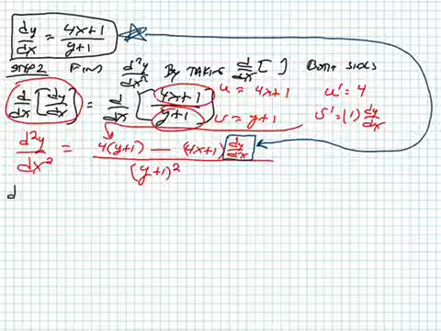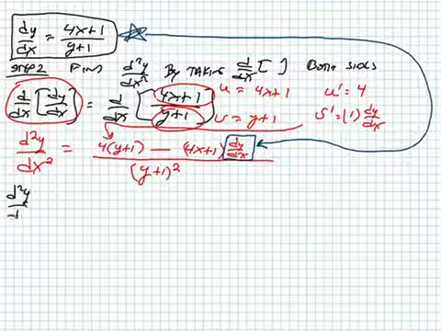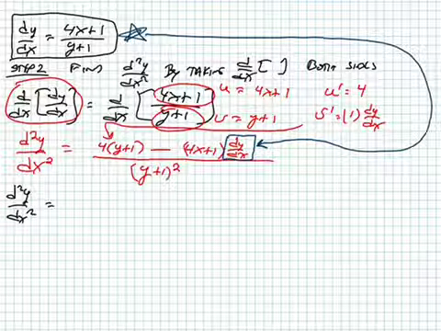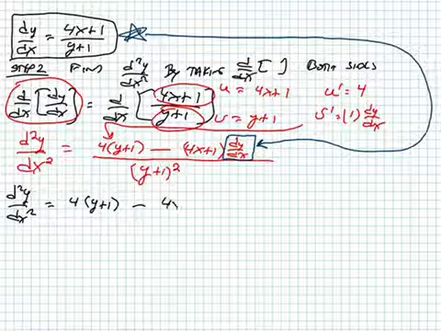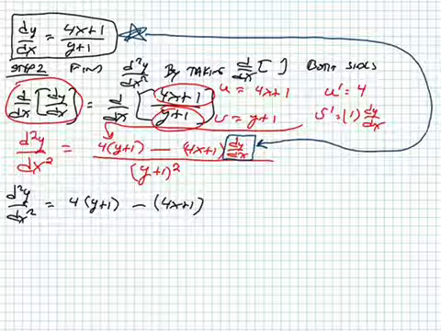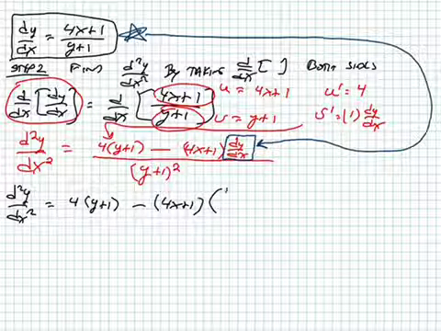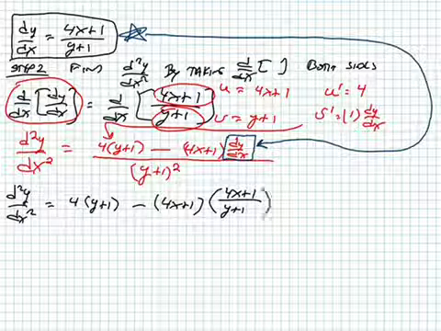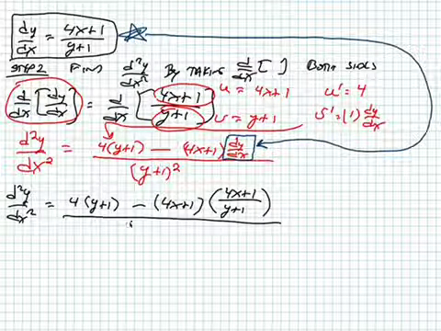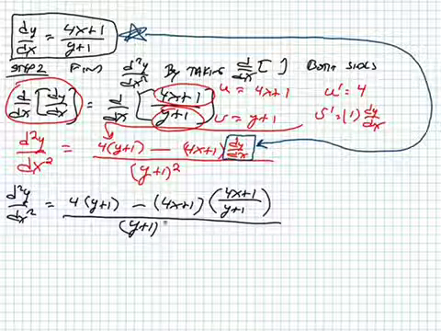So my second derivative is going to be equal to 4 times y plus 1 minus 4x plus 1 quantity times dy dx. And dy dx is 4x plus 1 all over y plus 1. And this whole thing is over y plus 1 squared.